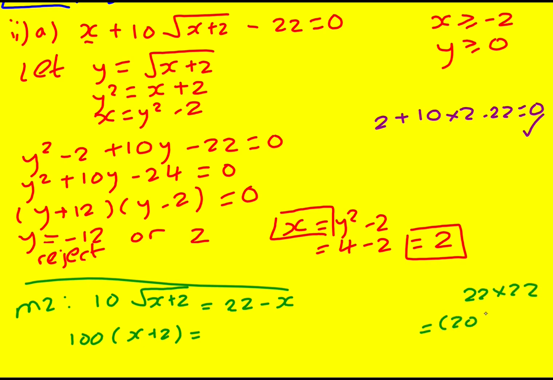Well, that's actually 20 plus 2 times 20 plus 2. So 400 plus 80 plus 4, 484, plus x squared minus 44x.